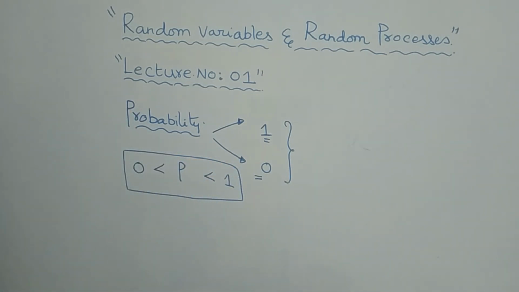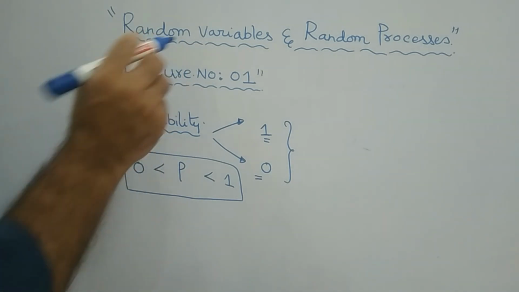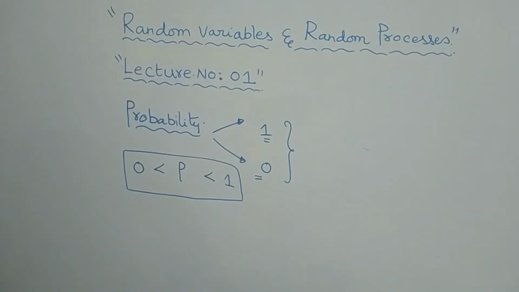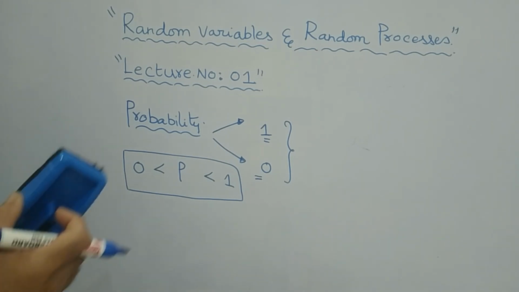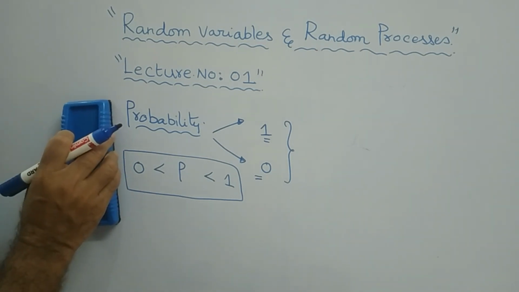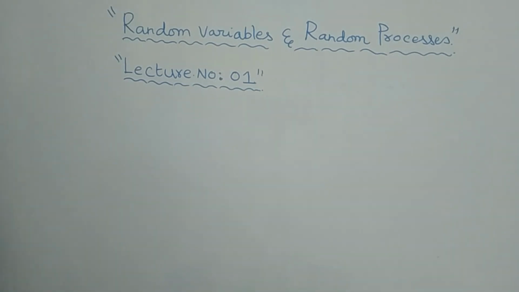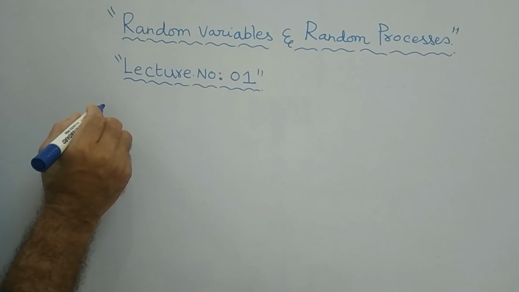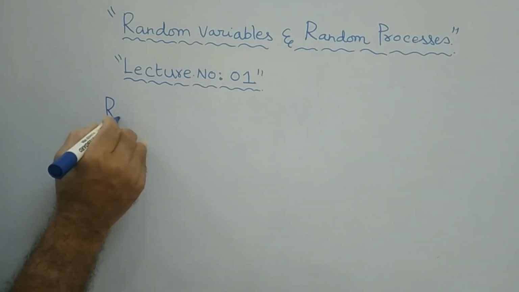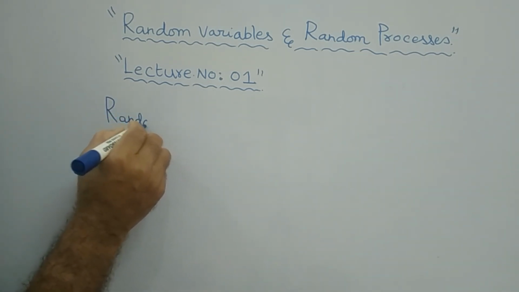The same concept will be used in the study of random variables as well as in random processes. Right? Okay, now come to the concept of the random variable. This is a very interesting concept actually. What is a random variable?